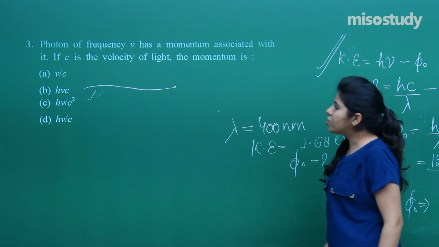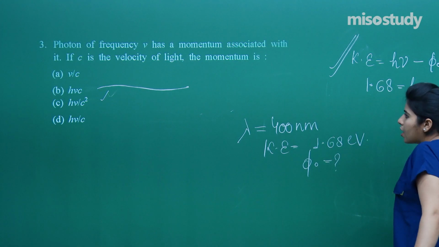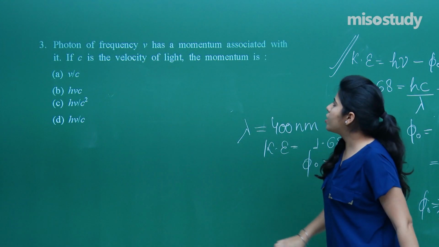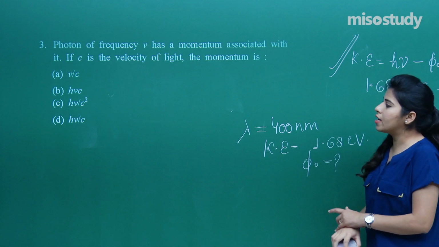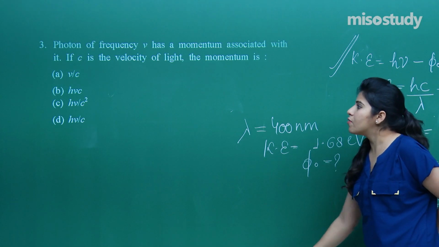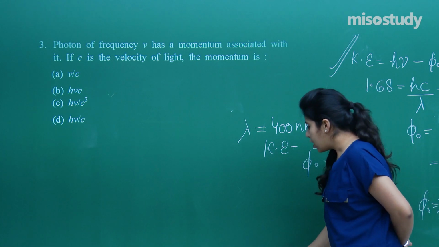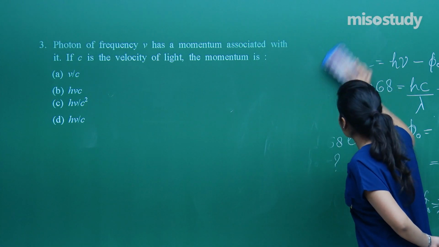Question number 3 says that a photon of frequency nu has a momentum associated with it. If c is the velocity of light, what is the momentum?